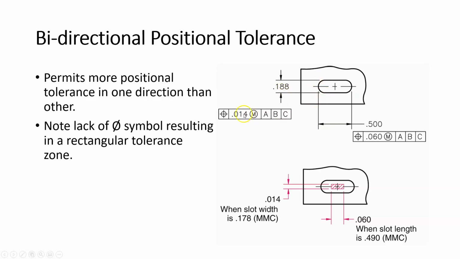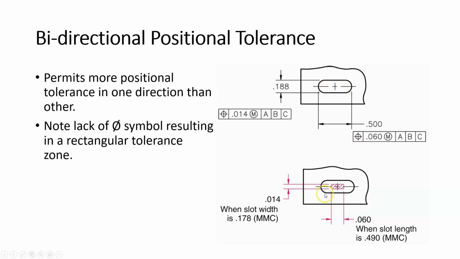So if we apply the positional tolerance like this, where we're applying one positional tolerance to the width dimension and the other positional tolerance to the length dimension, and notice in both cases that we are omitting the diameter symbol here because we don't want a cylindrical feature of size. We want the feature of size to match the geometry.